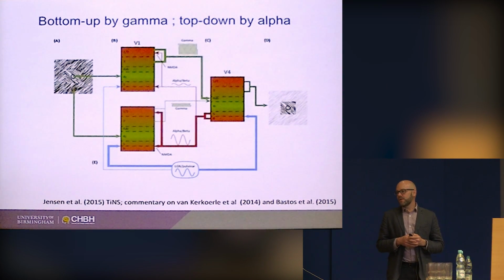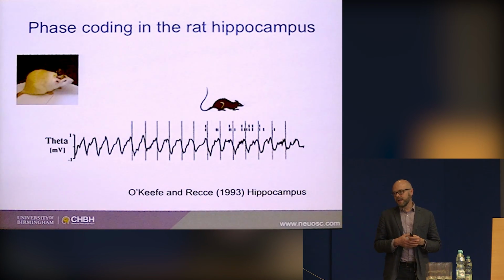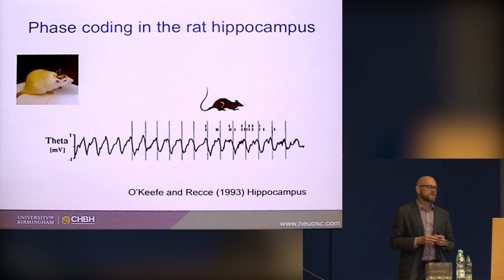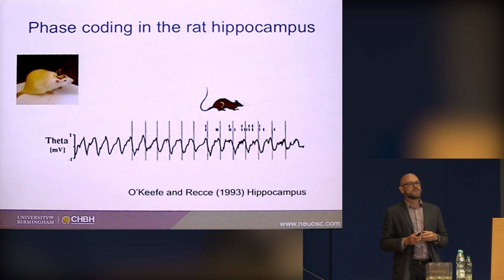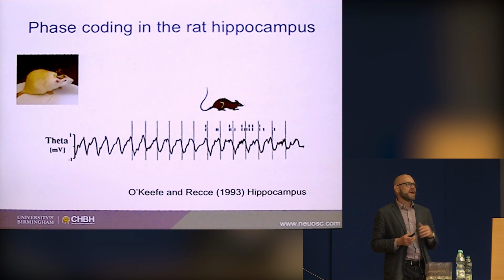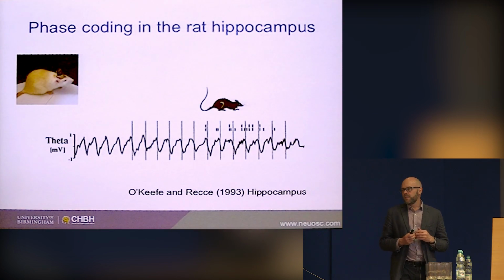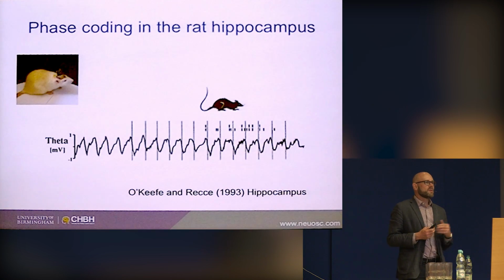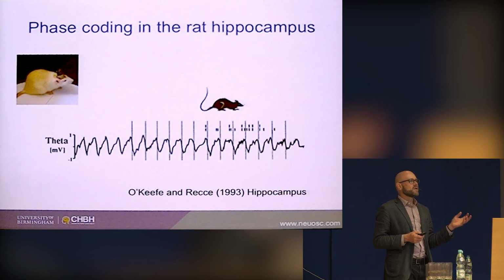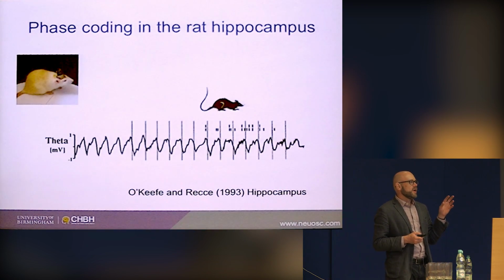So I'm going to switch gears a bit and point you to some data from the rat hippocampus. I'll do this and then after that loop back to alpha oscillations in humans. But this is a study going back to John O'Keefe, and you're probably all aware that John O'Keefe got a Nobel Prize for discovering place cells in rats.